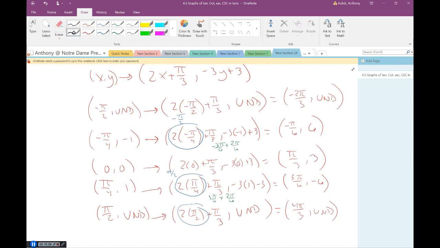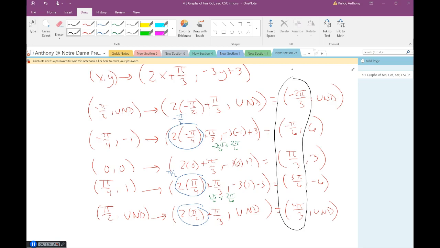So now I'm going to go ahead and look at my x values and try to figure out what I want to go up by on my x-axis. So if I look at all my x values right now, I notice that they don't all have the same denominator, right? What I'm going to do is rewrite them so that they do all have the same denominator.